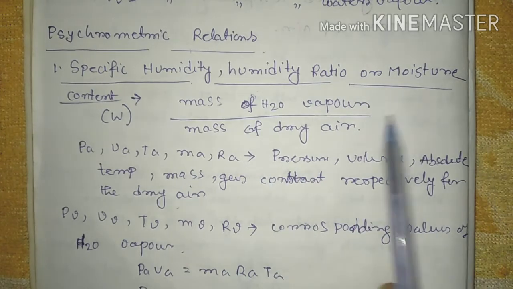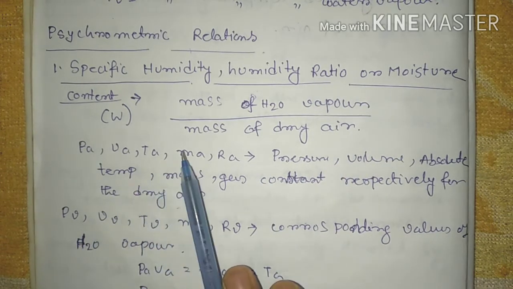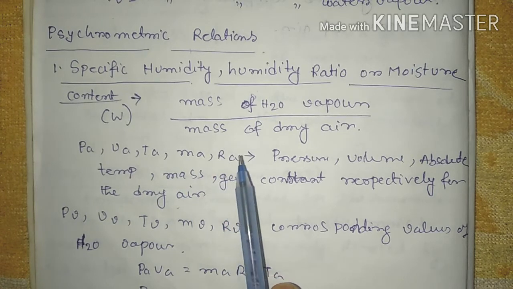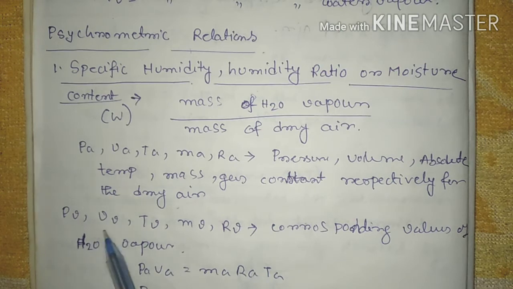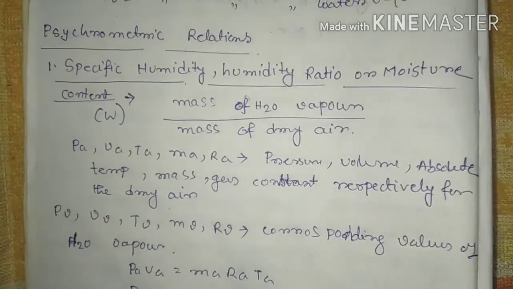So pressure, volume, temperature, mass, and gas constant are indicated for dry air, and similarly Pv, Vv, Tv, mv, Rv are the pressure, volume, temperature, mass, and gas constant for water vapor. I think you are all aware of that.